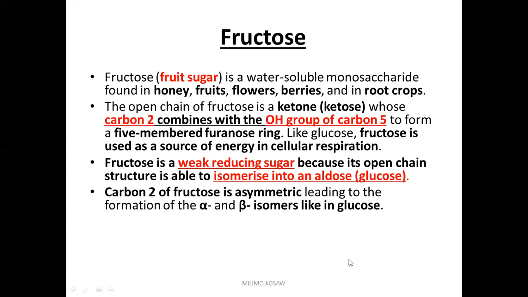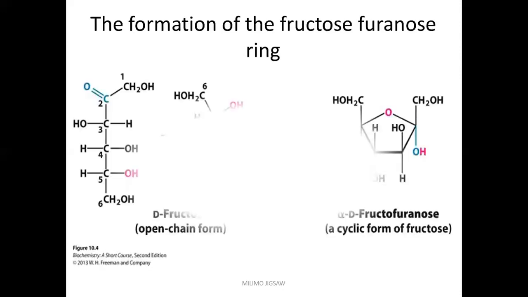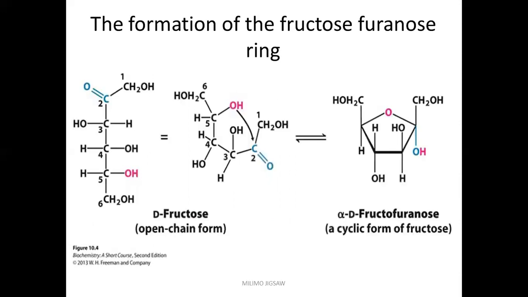So carbon 2 of fructose is asymmetric. So it's going to lead to the formation of alpha and beta isomers, just like those we find in glucose. And remember, I said that fructose is a structural isomer of glucose. So for the formation of the furanose ring, it's carbon 2 because the carbonyl group is at carbon 2.